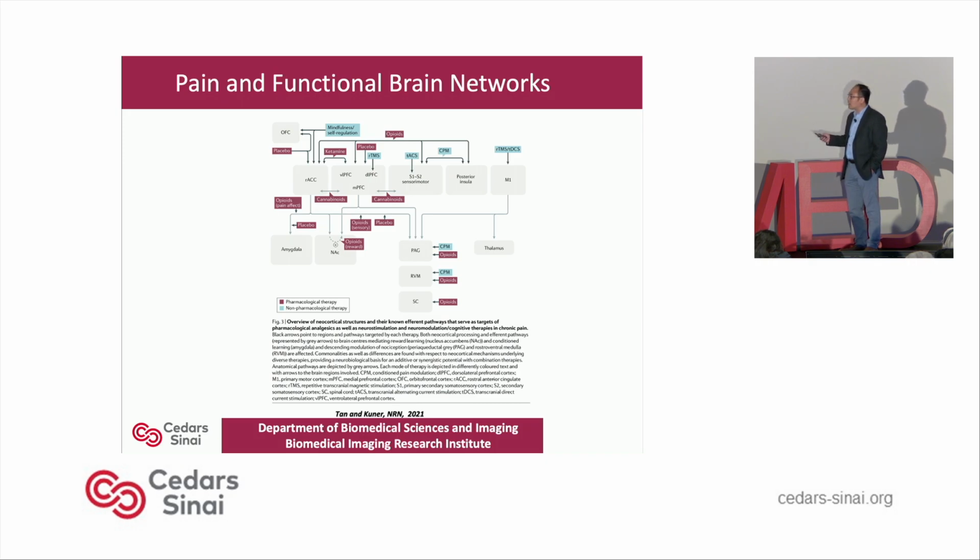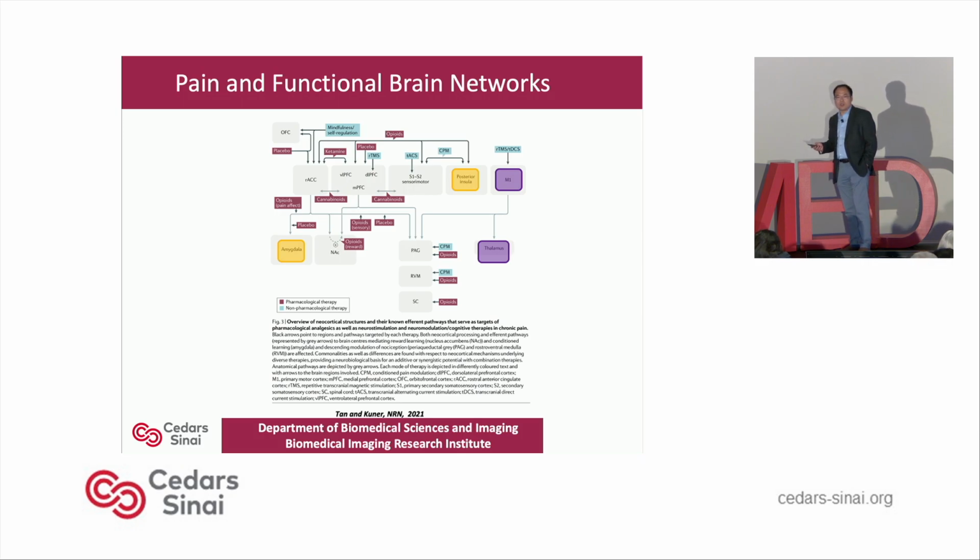The thalamus, obviously, relays the signal from the body to the brain and to the primary sensory motor area and to the posterior insular area for initial pain perception, and then to the amygdala, which is the emotional center of the brain, to get an initial appraisal of the emotional salience, or emotional importance, of the pain stimuli.